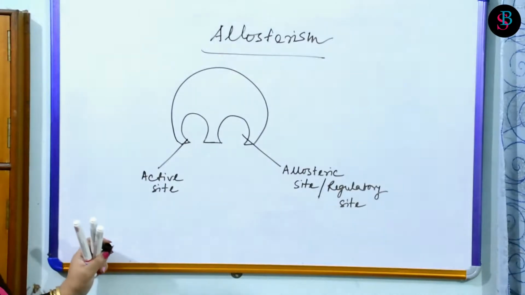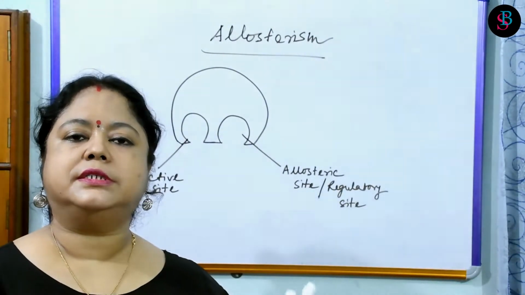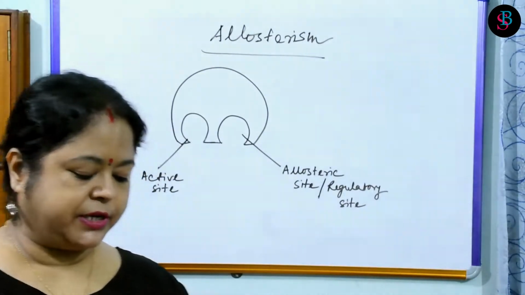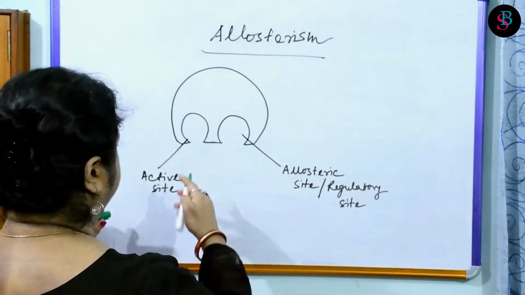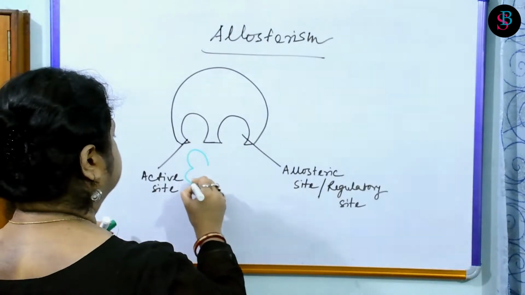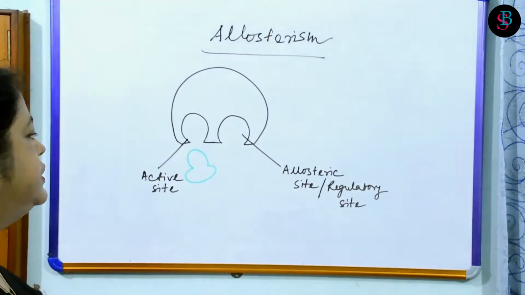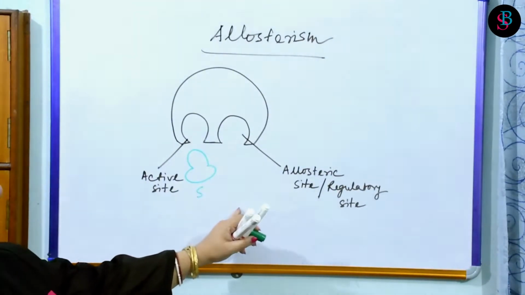Now, active site, you know, first the substrate attaches to the active site. So, active site is specifically for the substrate. It is specific for the substrate and the substrate should be of this structure, so it can fit with the active site. So, this is the substrate here and this is the regulatory site.